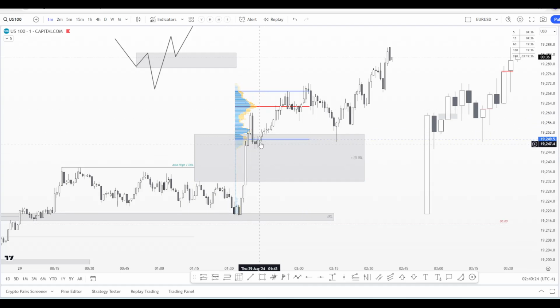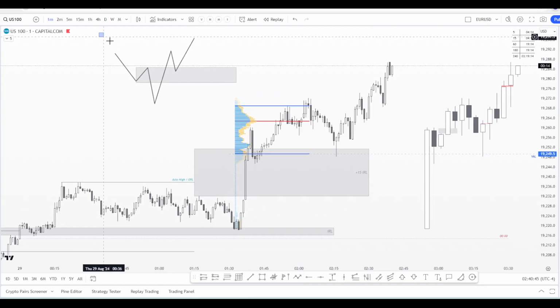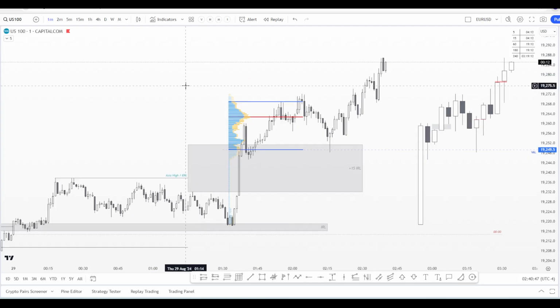If anybody was buying right there, they will try and protect this area. At the same time, other people will see and say, well, we want to try and get involved and get long in this area. So this is the reason why you can use these lines on top of your fair value gaps to get involved.